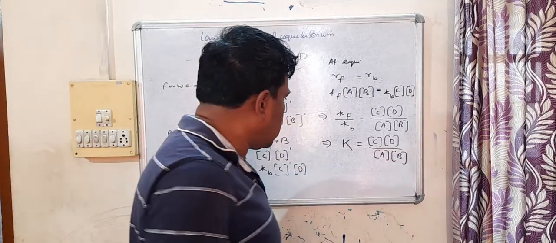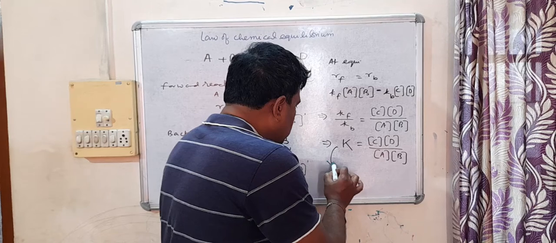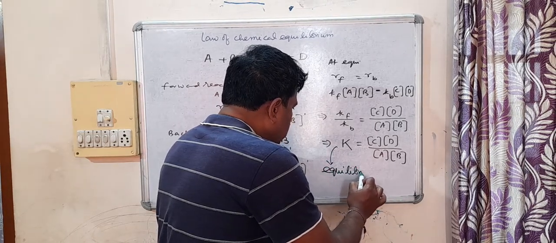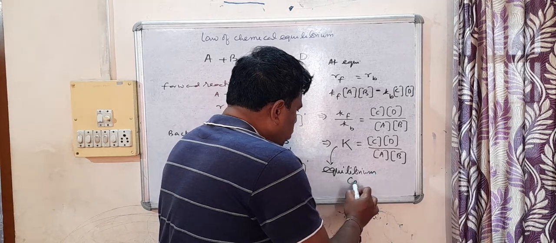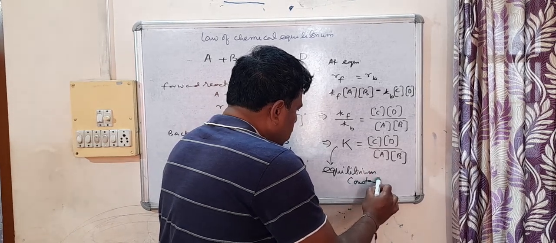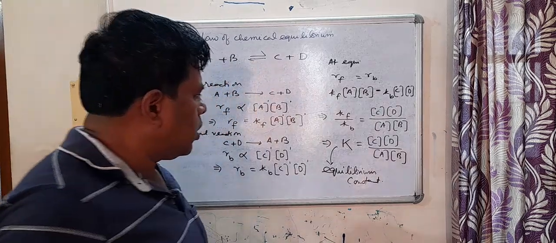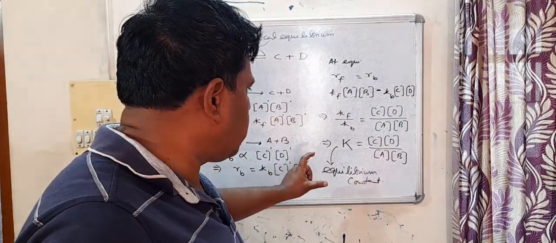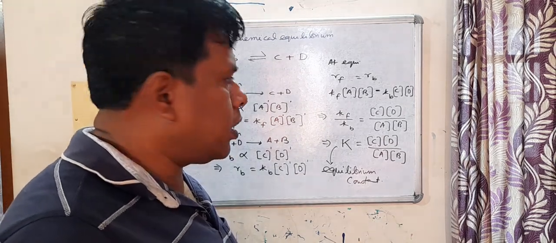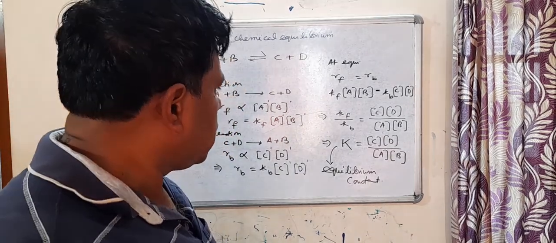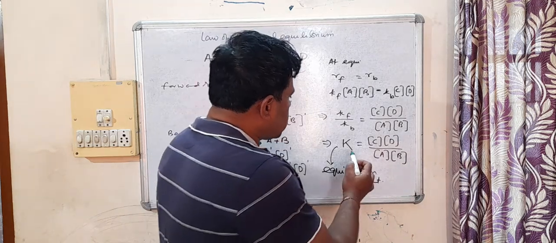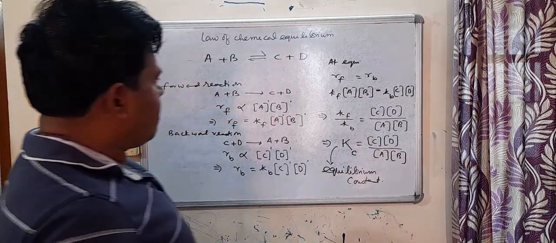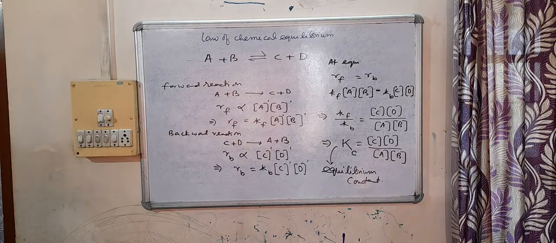And this constant K is called equilibrium constant. This value is constant for an equilibrium at a particular temperature. This equilibrium constant is also denoted as Kc.